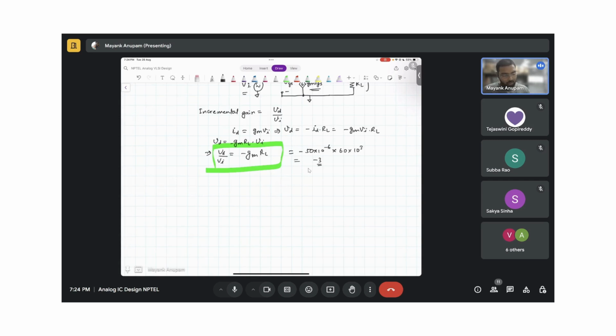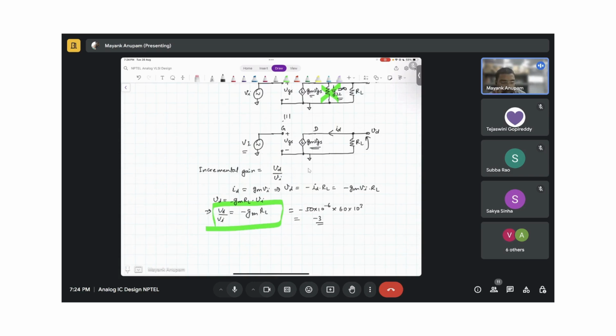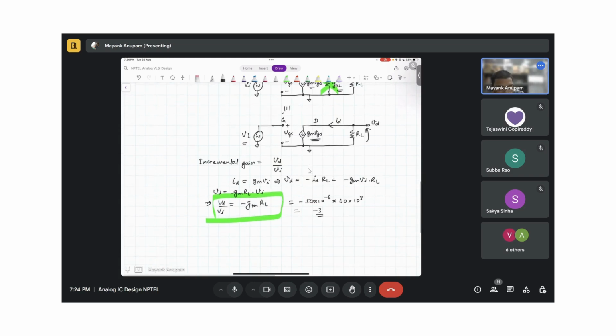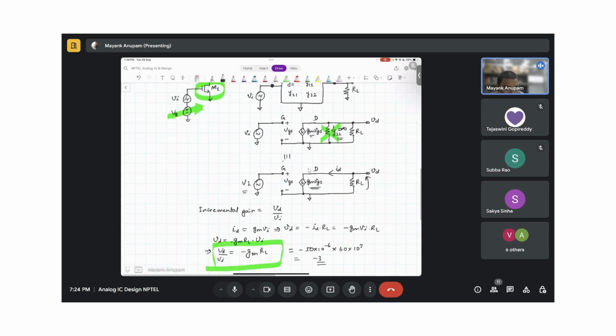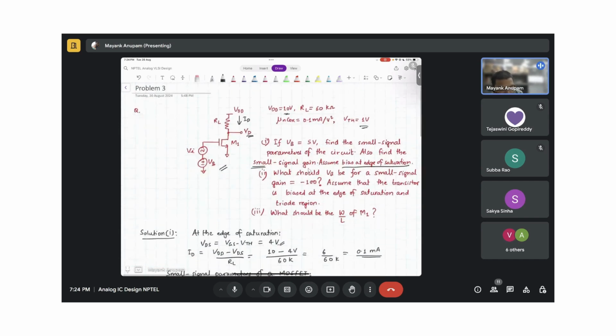By the way, do you know what is the meaning of this minus sign here? Incremental gain is minus. So what does that mean? I think it is just the polarity of the Vd. So you mean to say that Vd will be negative here. But we already saw that Vd cannot be negative, right?